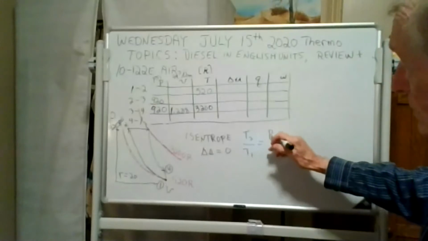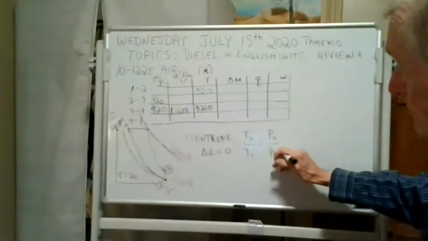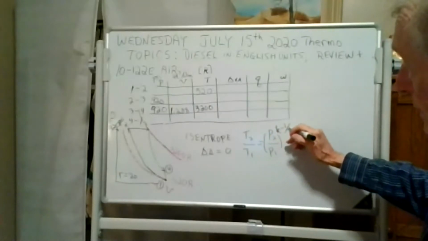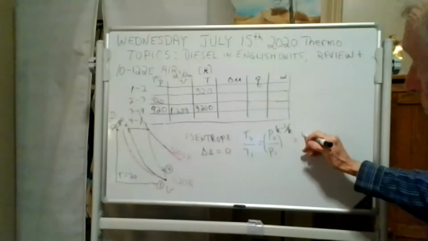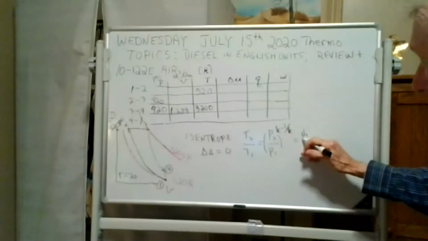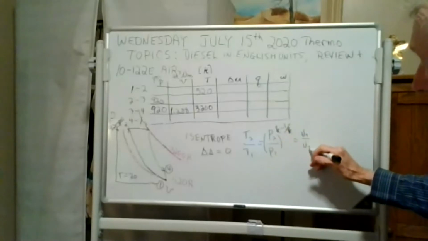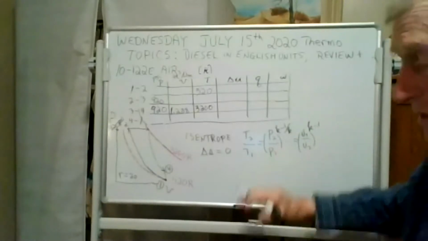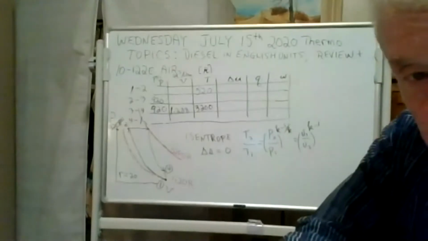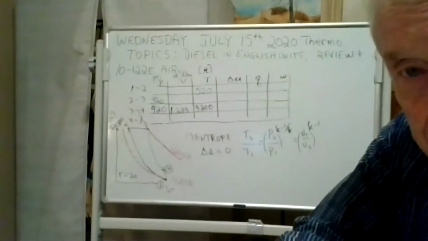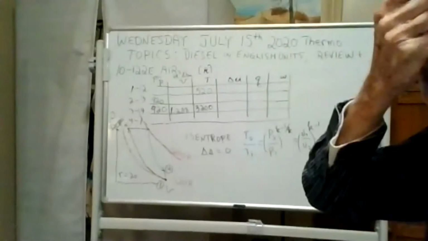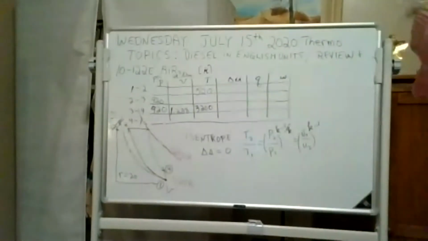It goes P2 over P1, K minus 1 over K equals V1. See, it switches on the little V's. We derived that formula one day. I don't know when, a week or two ago.